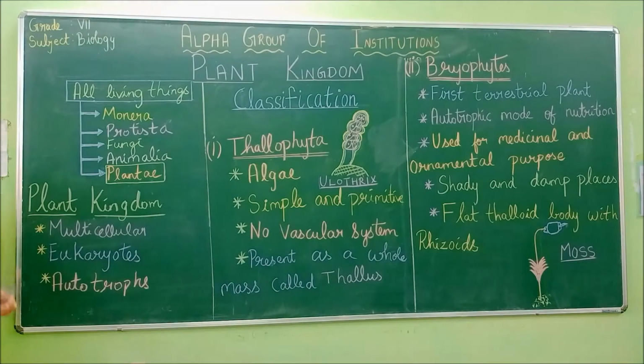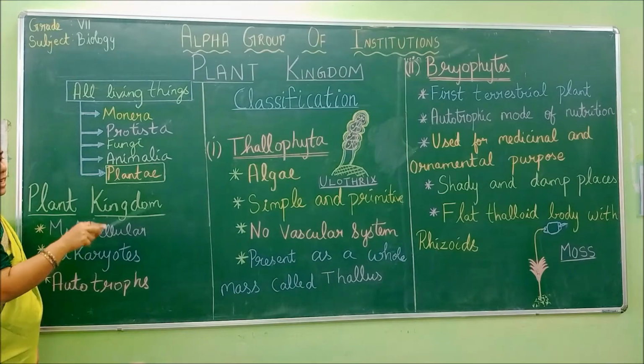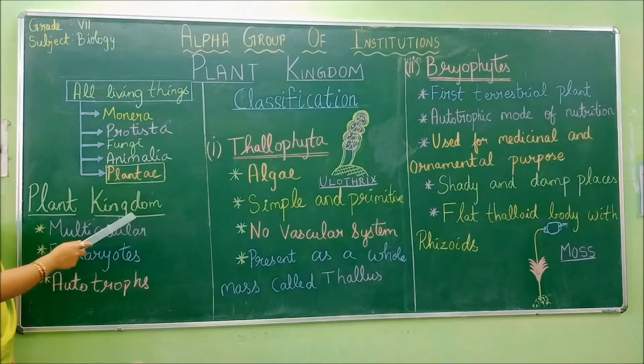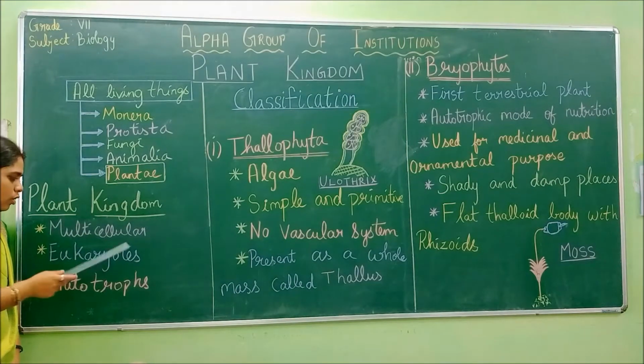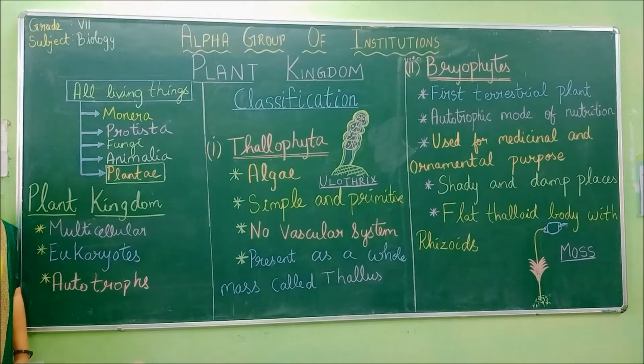Each cell will perform its own part. That is why they are said to be multicellular, because a plant is a higher organism. So multicellular plants are taken under what? Plant kingdom.